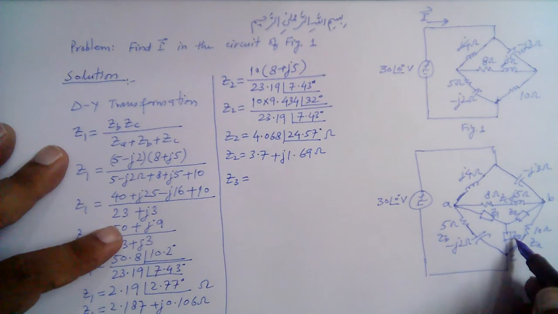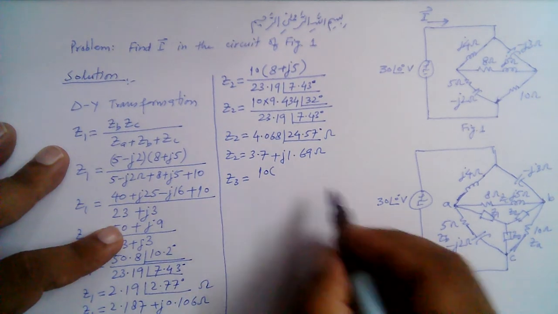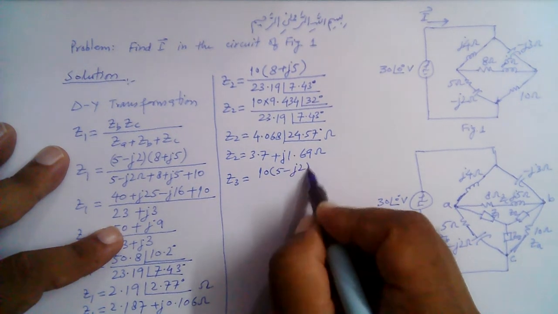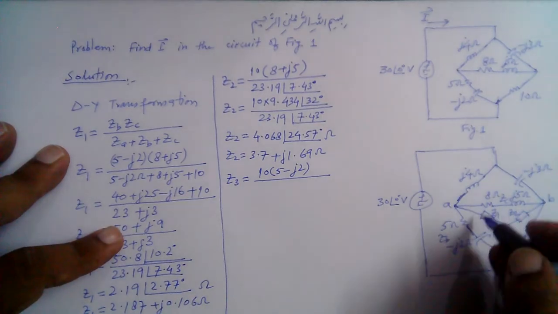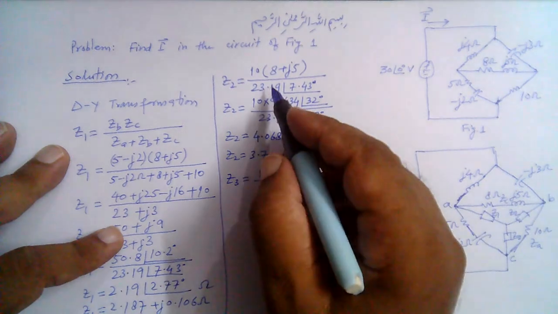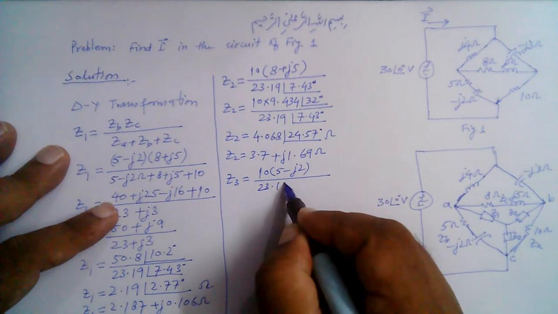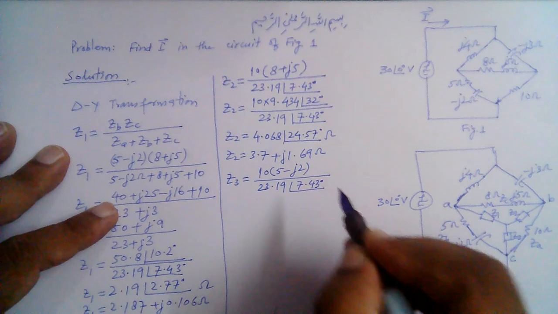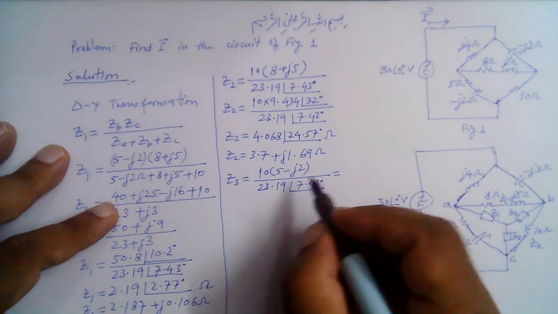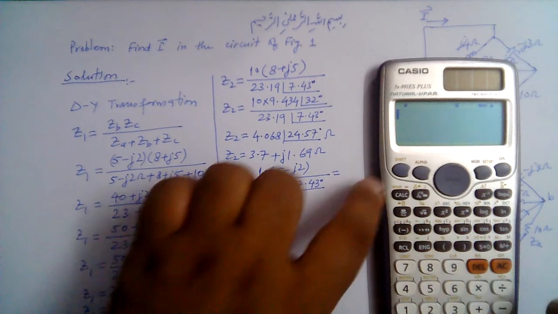This is Z3 here, and this is equal to the product of the adjacent impedances. Again, this is 10 into 5 minus j2 divided by the sum of all the three impedances in the delta combination, and we have found the sum already here, 23.19 angle of 7.43 degrees. So we first transform 5 minus j2 into the polar form.